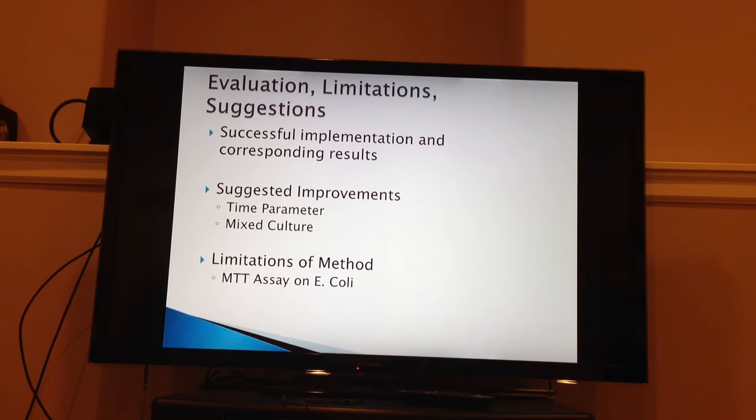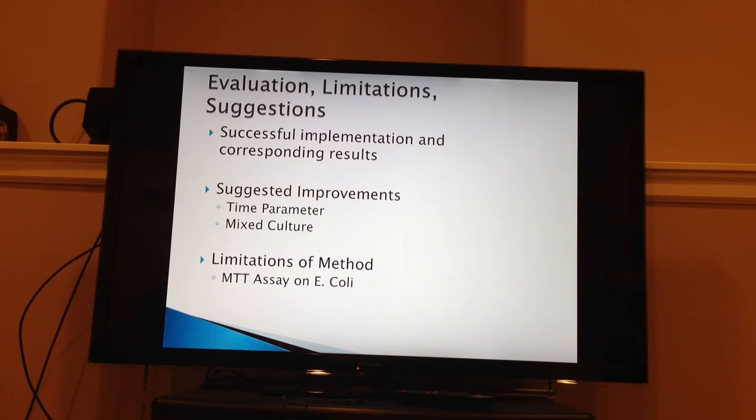This would expand the scope of my investigation, but also add depth as well. And another reason why time is very important is because research has found that the antibiotic in hand soap actually increases in its effectiveness over time. So it'd be very interesting to investigate this.